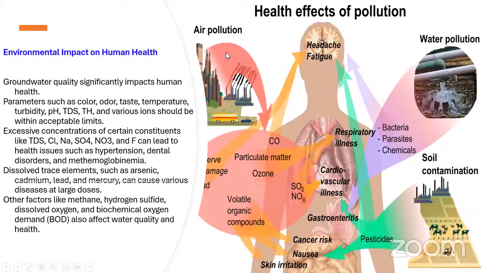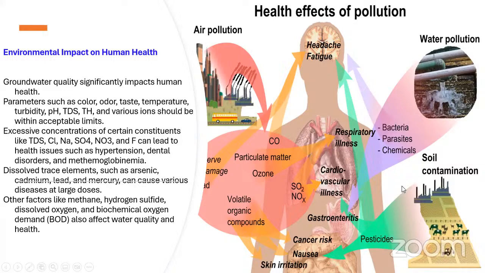We also covered yesterday the environmental impact on human health: which human body organs are affected by which type or source of pollutants, and what the major pollutants and parameters are that may affect the human body.